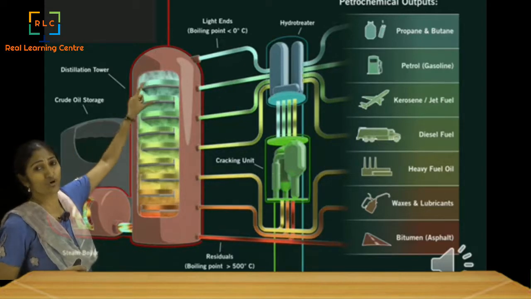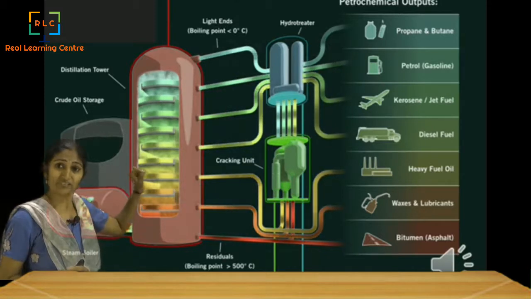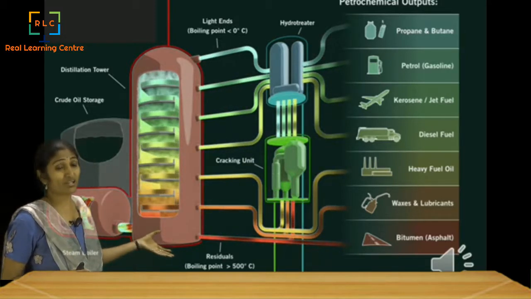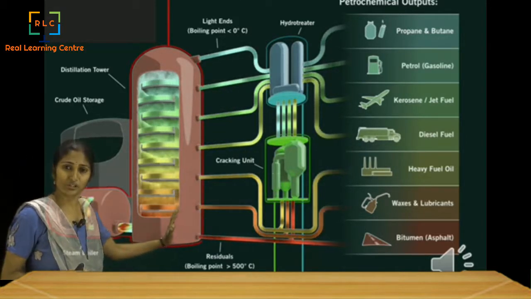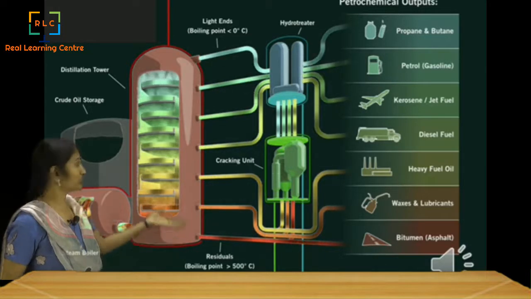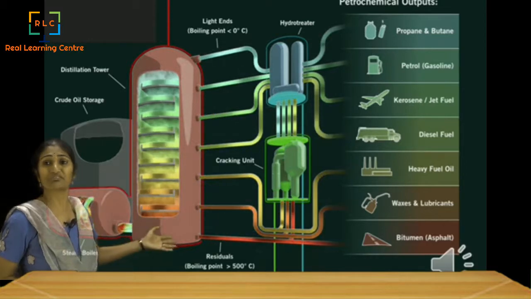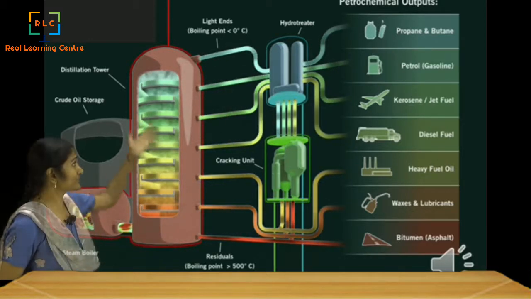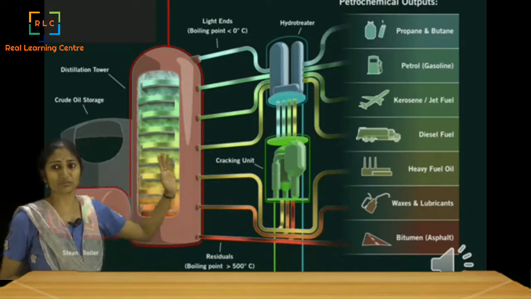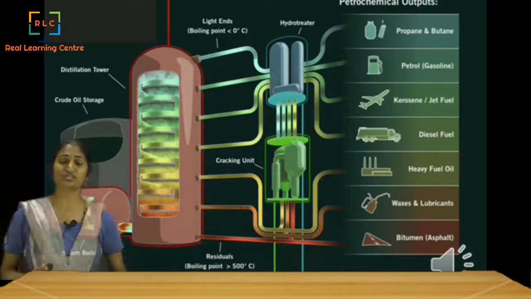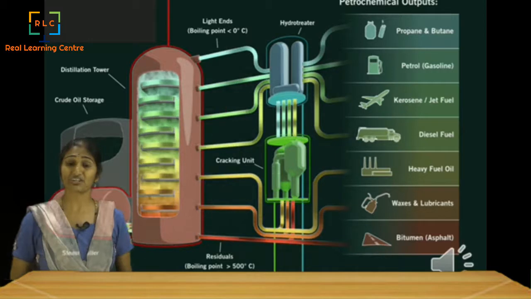The top portion of the column has a very low temperature, whereas the bottom of the column has a very high temperature. Since all the products are put at the bottom and given heat, based on differences in their boiling points, they get separated into different fractions. When they are separated, I can collect them separately and use them for various purposes. So this is called fractional distillation.